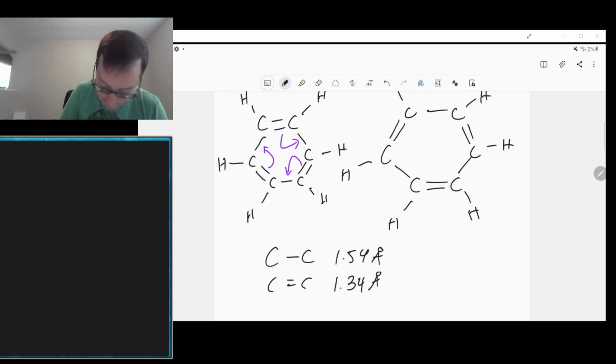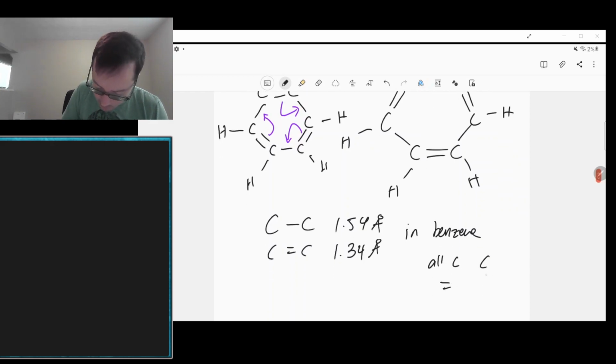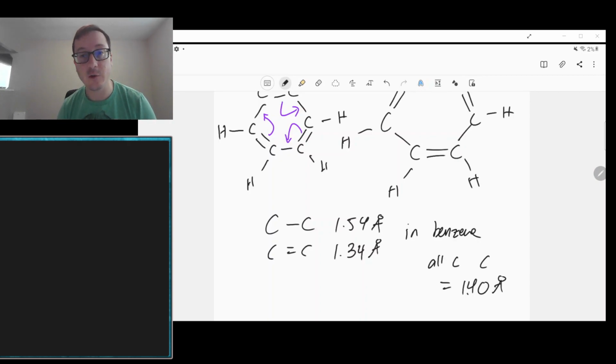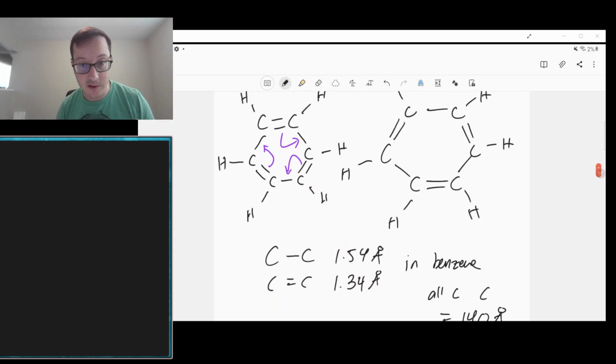But in benzene, these are all 1.4 angstroms. So they're not quite double bonds, they're not quite single bonds. They're all the same, by the way. Because of this idea of resonance, we can put the double bonds wherever we want. But we see in reality that the bonds in benzene are shorter than single bonds, but longer than double bonds.